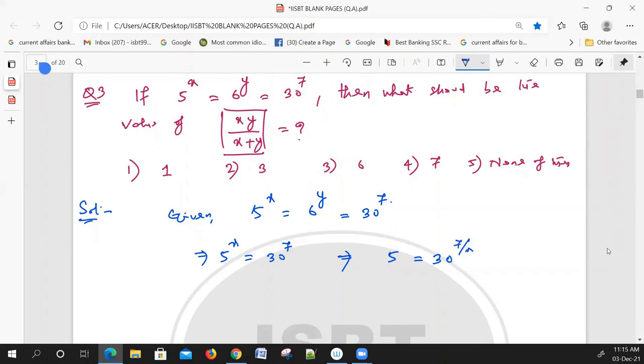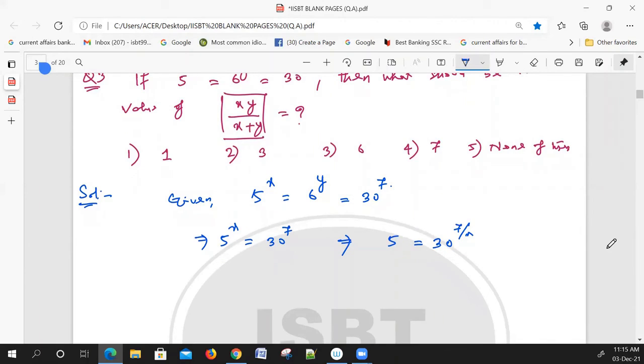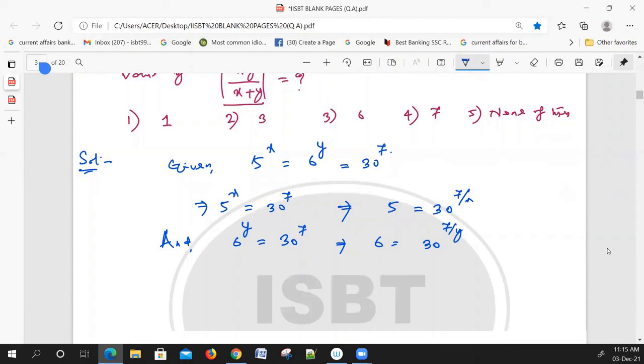Yes or no? And also given 6 to the power y is equal to 30 to the power 7. And 6 we can write as 30 to the power 7/y. Okay, we can write it like this.